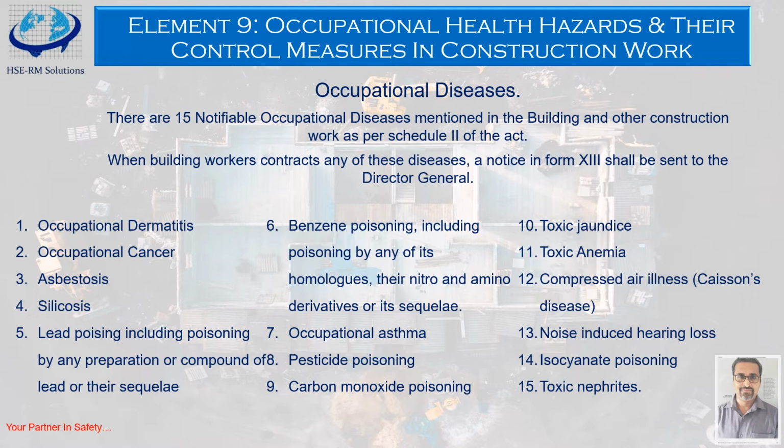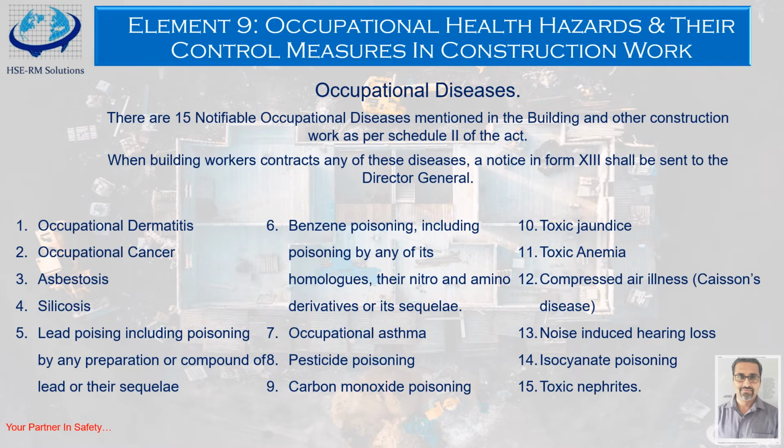Now, occupational asthma. There is a difference there, but we cannot go into much detail. That you have to understand from the doctor itself. That will be much better. Right? Occupational asthma. Then pesticide poisoning, carbon monoxide poisoning, toxic jaundice, toxic anemia, compressed air illness, that is caisson disease, noise-induced hearing loss, isocyanate poisoning, and toxic nephritis.